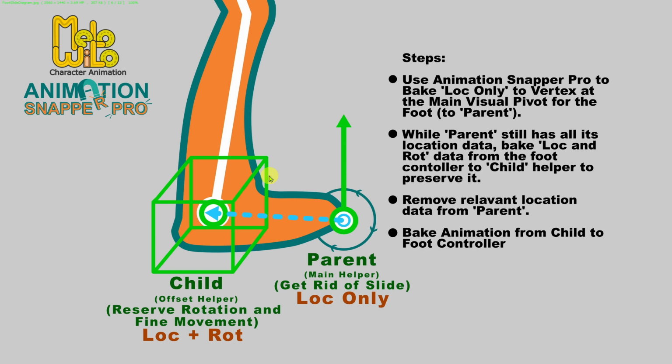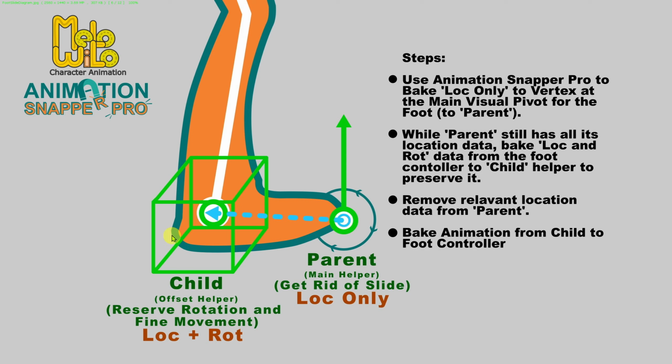And because it's parented to this, and you can animate this independently, you can use the one to get your location data, and you can use the child to preserve your subtle rotation and movements of the foot relative to that point.